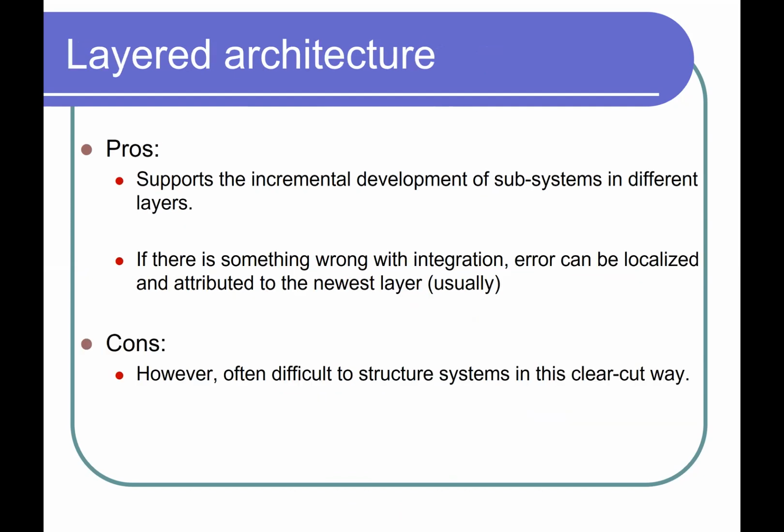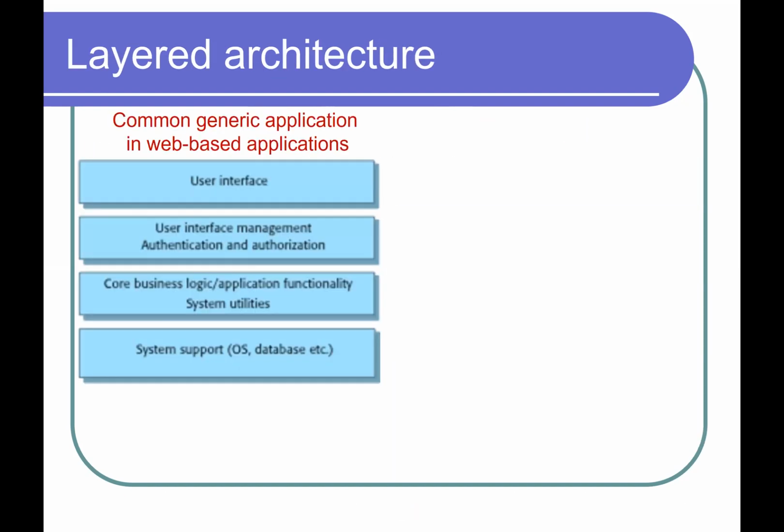All right, so we just talked about the presentation layer and the application and database management layer. The pro is that it supports incremental delivery. I begin from the bottom going all the way up. If there's something wrong with integration, that's the good thing about it. I can just blame it on the new layer because I've had the previous layer and I've already checked it. Everything works fine. So chances are when I'm doing the integration, if it doesn't work, it's probably because of the new layer coming in.